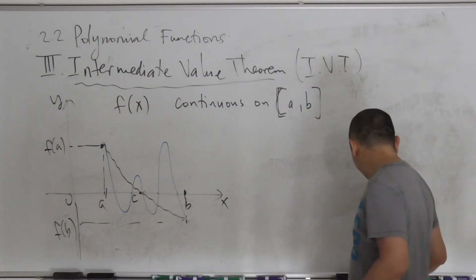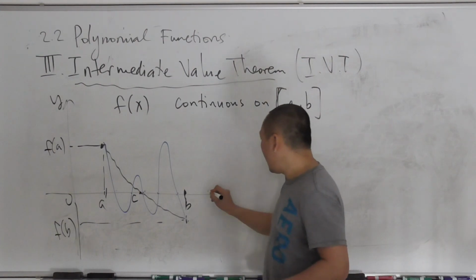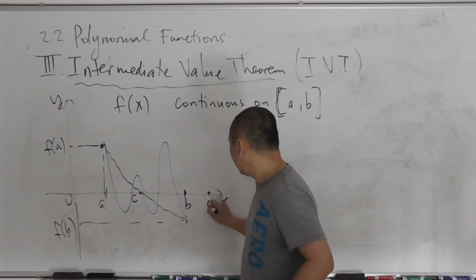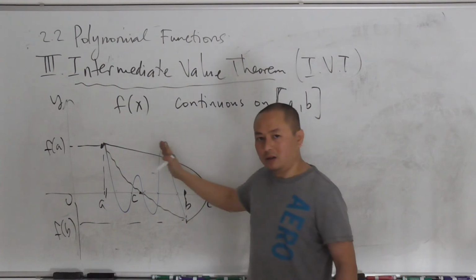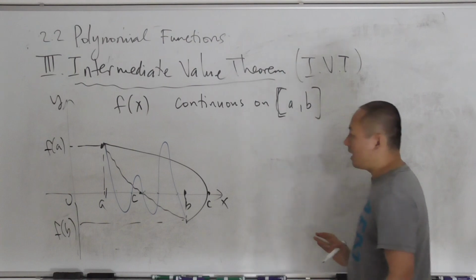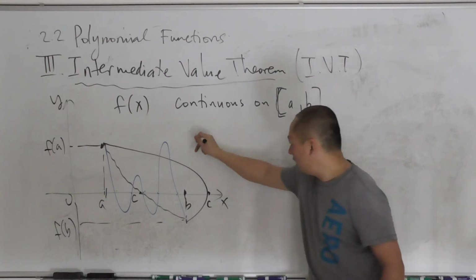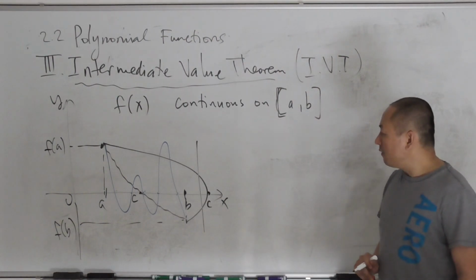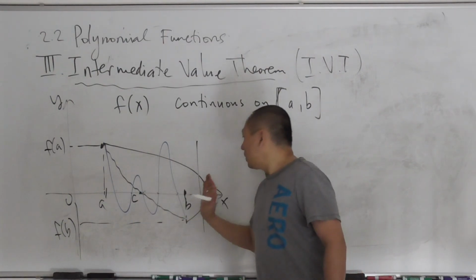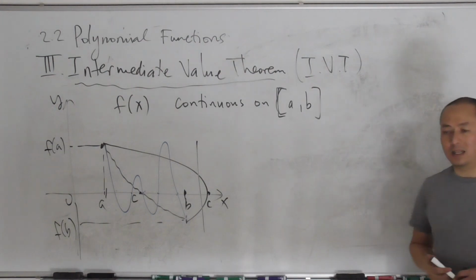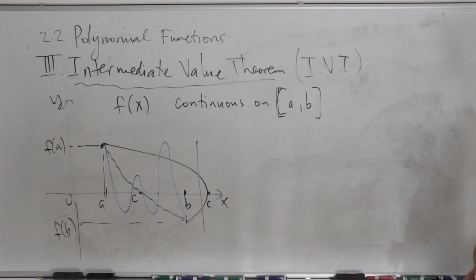You cannot have the instance of c outside of the interval. Say, what if you have an intercept c right here? You draw from a to b like this. You see what happened in here? That curve does not represent a function anymore because it fails the vertical line test. Alright? So the point C gotta be in between A and B.